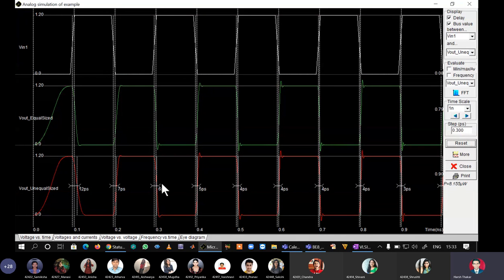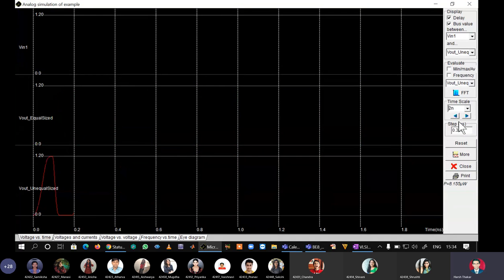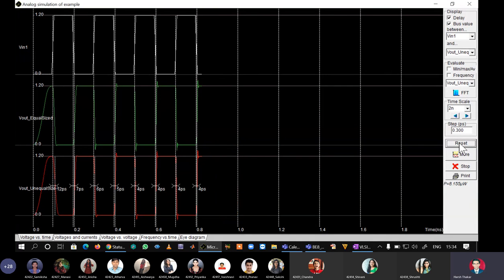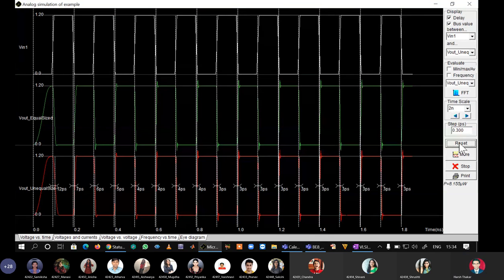The third waveform, which is in red color, is written V out unequal sized. We see here after a few cycles, I am having rise time equal to fall time: 4 picoseconds and 4 picoseconds, then 4 picoseconds and 3 picoseconds. So it is there. Let us see if we consider more number of cycles. You see here after some time it is becoming 3 picoseconds, 3 picoseconds.